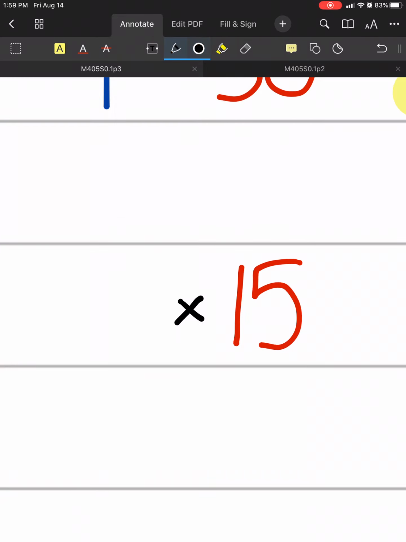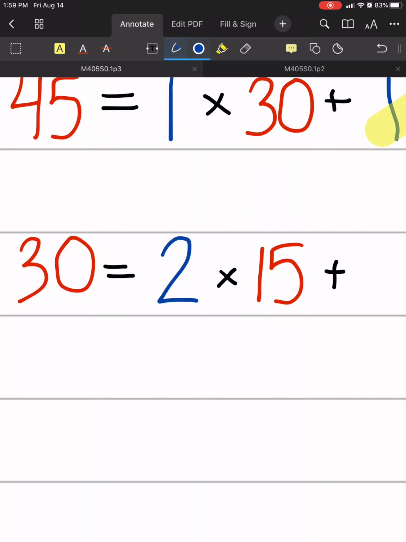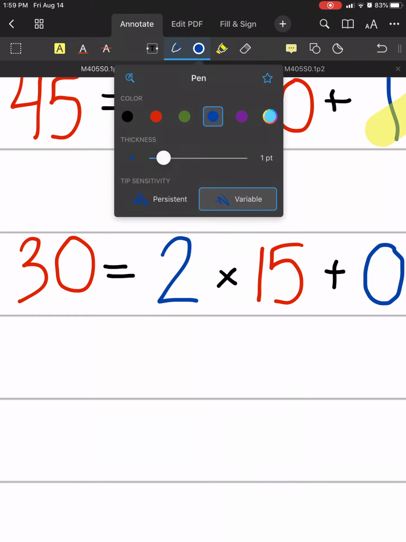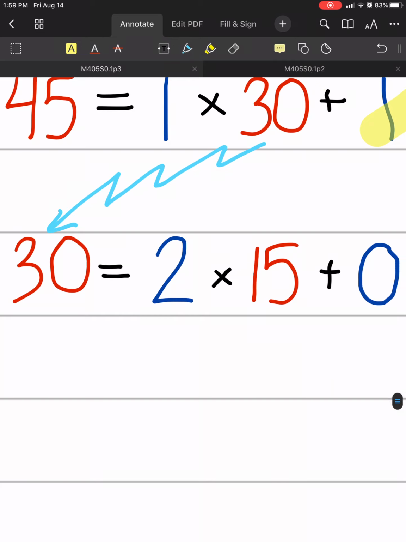We've got a plus, a times, we've got an equal to right there. 30 is, if we can recall this, 2 times 15 plus what's left over? Well, nothing is left over. Nothing is left over there. And again, I guess I'll put in those lightning bolts here. And over here.